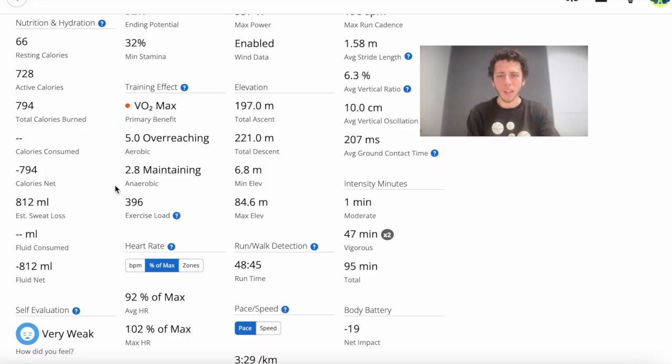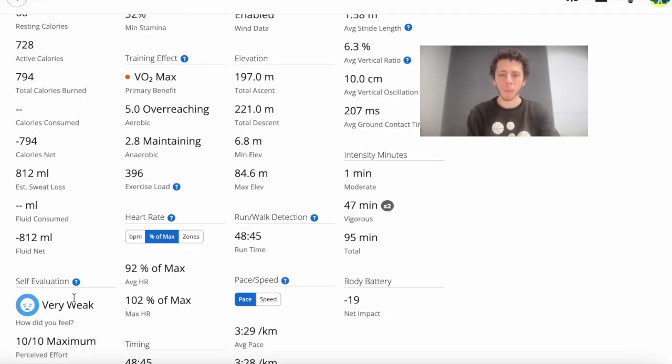So maximum aerobic capacity reached, and pretty high on the anaerobic capacity too, even for a long run. But it makes sense when you're trying to have a very high heart rate and pace, and it is a maximal effort. So it does make sense why both training effect and heart rate are very high in this particular run.